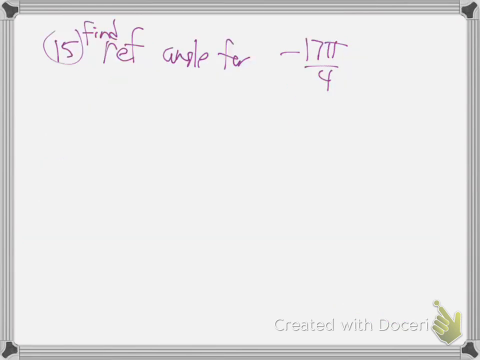Find the reference angle for negative 17 pi over 4. So just convert to degrees and find out where it's at.